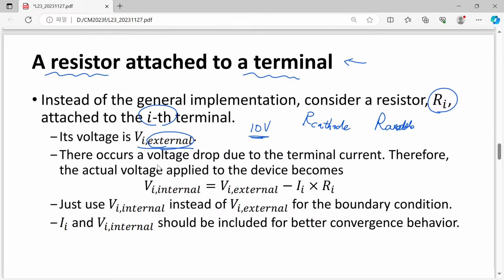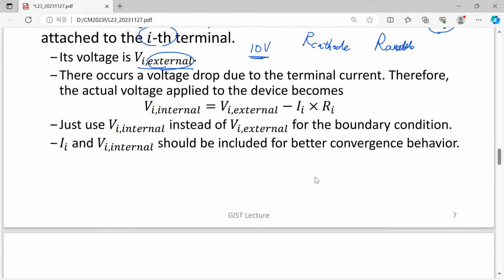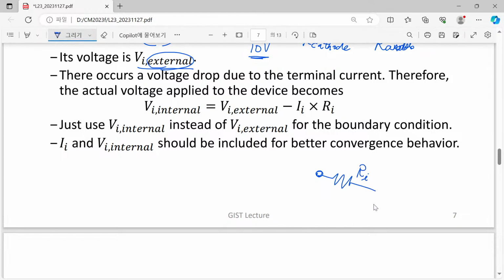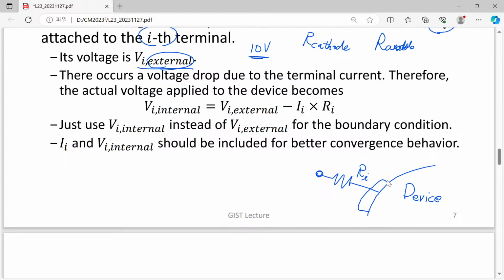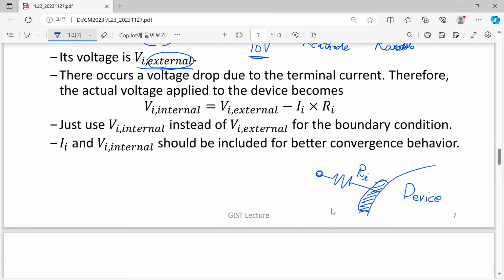However, say that here we have a certain Ri, and this is our device. Here we have a device and it has a contact called the ith contact.